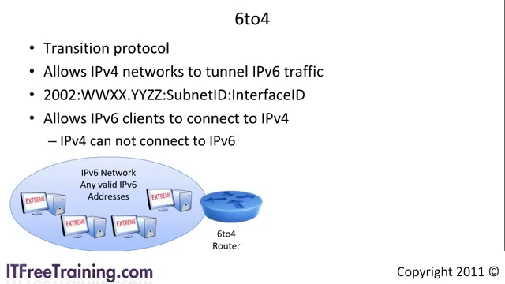Using this IP address, your network can communicate with any IP version 4 computer on the Internet. However, they cannot connect to you. Using the 6to4 protocol, you can start deploying your IP version 6 network and still keep accessing the IP version 4 network. The next transition technology is Teredo.